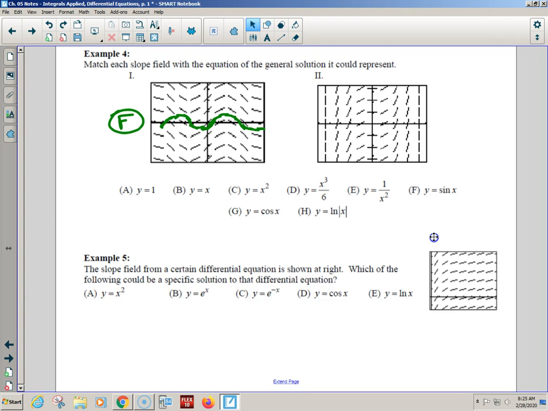Almost there. Following the flow is usually pretty easy as long as you know what the y equals looks like. If you don't know what the y equals looks like, well, it could be a little dicey.